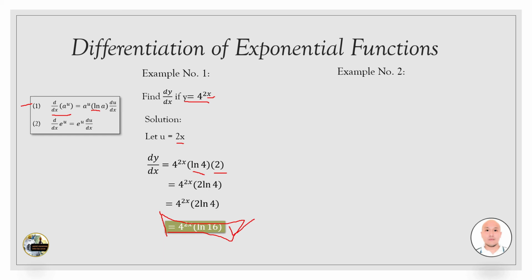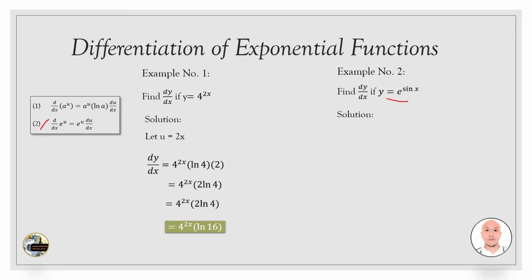Example number 2. Find dy over dx if y is equal to e raised to sine x. So here the problem is in e form, so we'll use formula number 2.